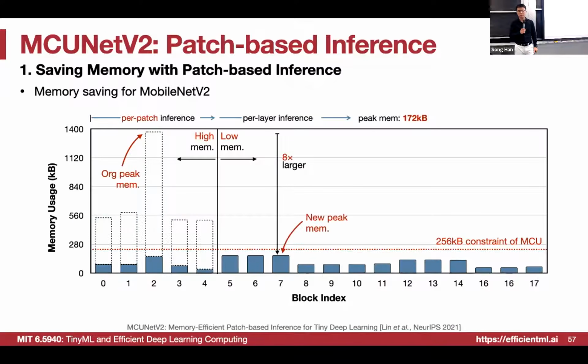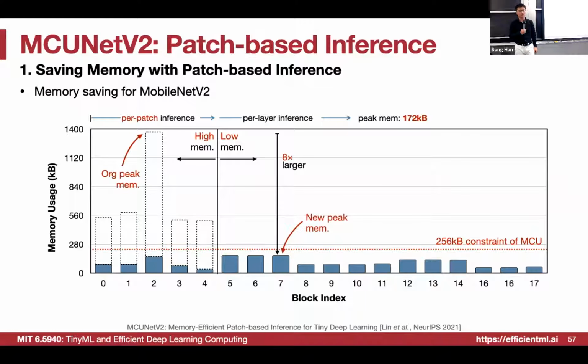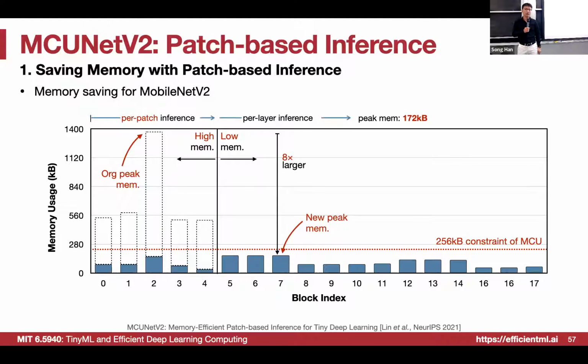So let's see what is happening to the activation after we do such patch-based inference for the first couple of stages. Immediately we can reduce the activation from here to here by using such patch-based inference. We can not only do just a 2x2 patch, we can also do a 3x3 patch.